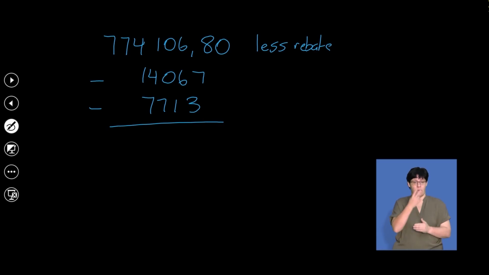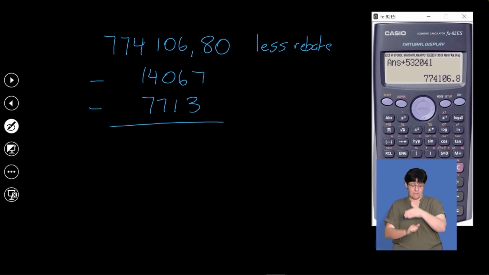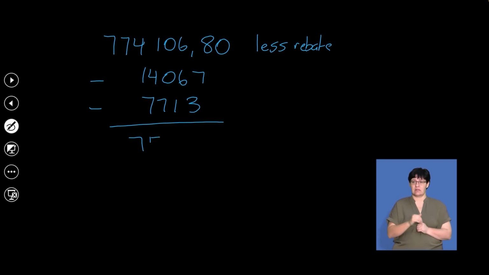So both of those, I'm going to minus them. So I've got that number there. I'm going to minus the rebate of 14,067 minus 7713, and finally get to see that his tax is 752,326.